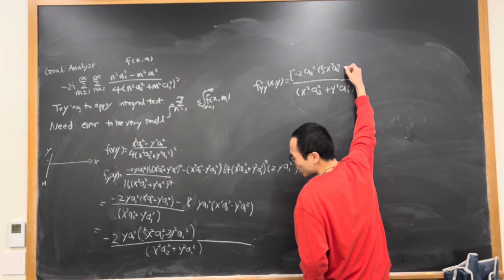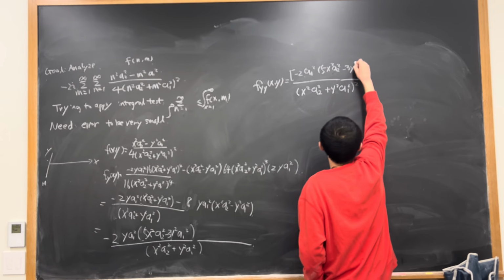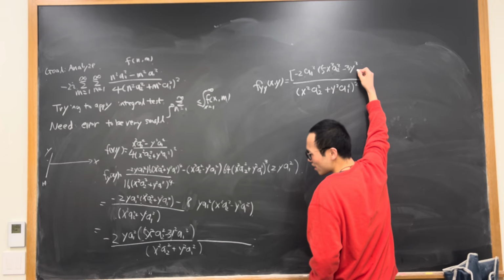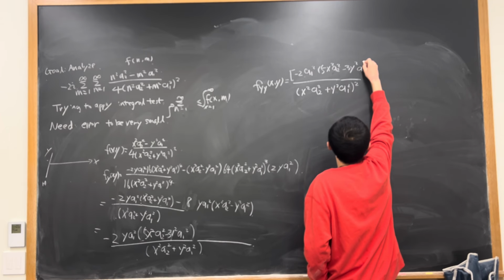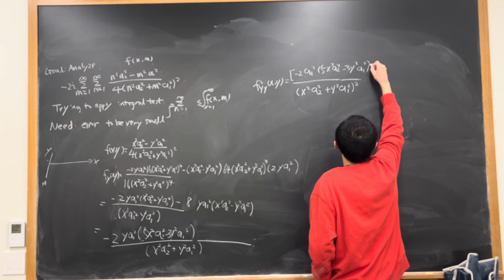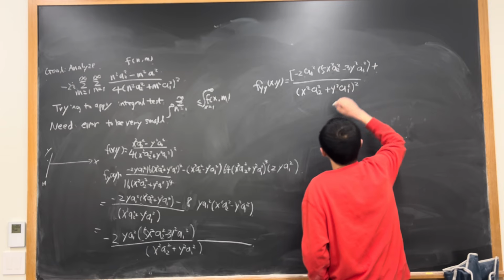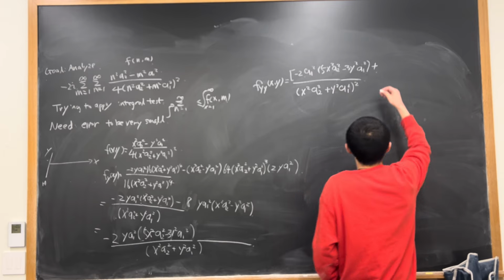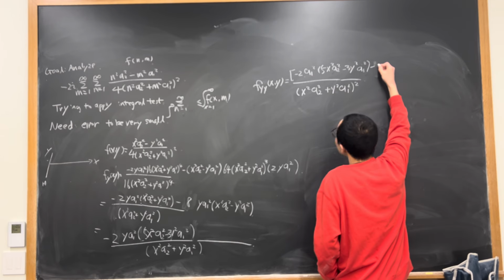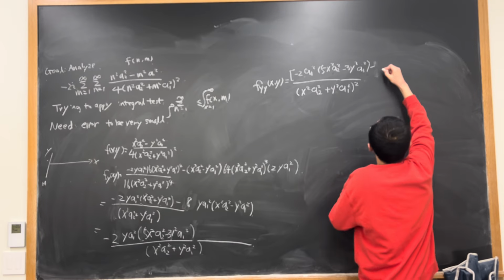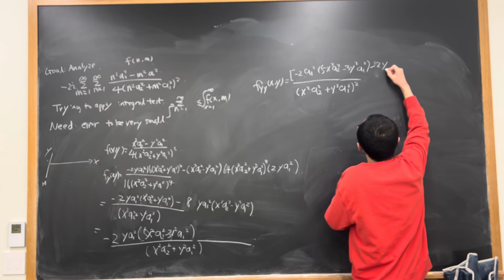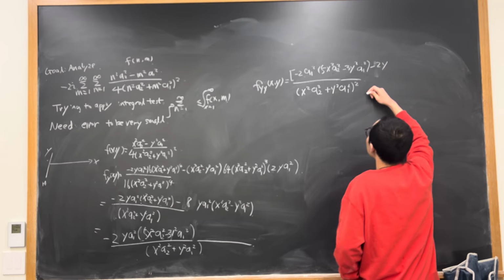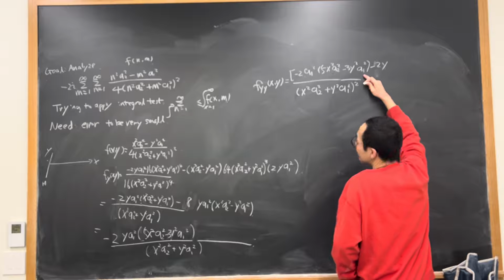minus 3y squared a1 squared. Okay. And then minus. And then 2y times the derivative of the other part.